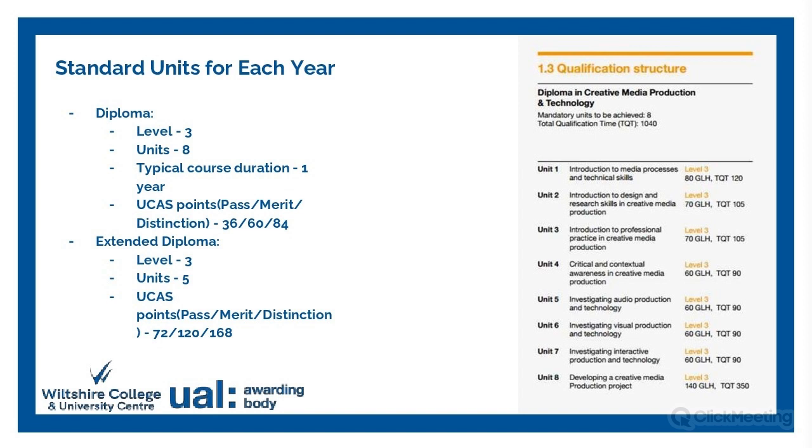So in terms of units, we're just focusing on first year here. We run 8 units throughout the year, but the difference between using UAL as opposed to something like BTEC is that units 1 through 7 are just pass or fail units. But Unit 8, which is the pass, merit, and distinction, is that final unit that we do between the end of February and the end of May.